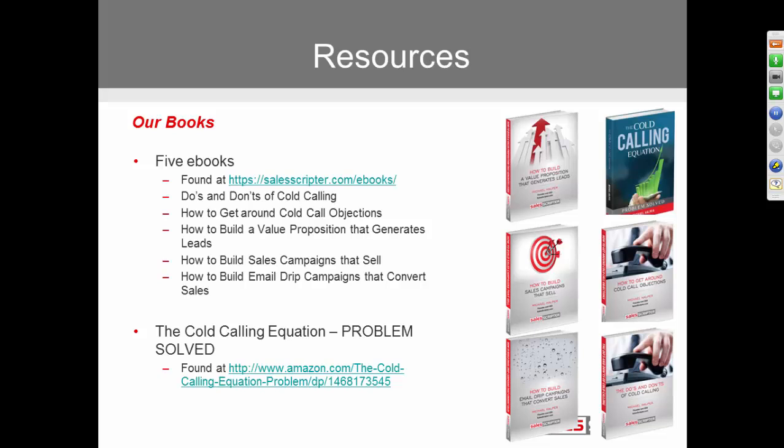The ebooks are free, so check those out. We also have a book that I wrote that you can buy on Amazon. One of the reasons why the book on Amazon is good for yourself or to give to your employees is that, I know personally, I have tons of ebooks that I end up saving in my email or on my computer that I don't know where they are.